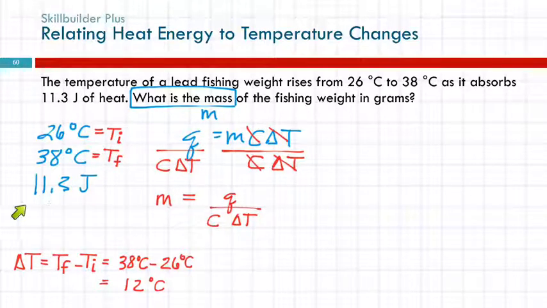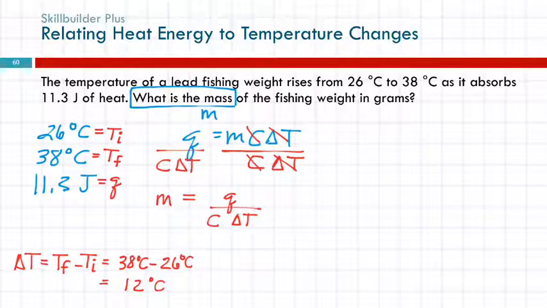This 11.3 joules of heat, what's that? That's Q. Q stands for heat. Don't ask me why. What are we missing? So we've got the Q, we've got the delta T. We're missing the specific heat capacity. So it says it's a lead fishing weight.